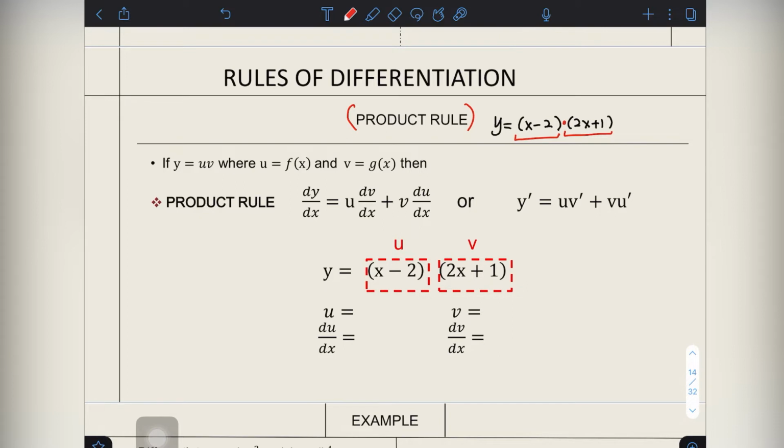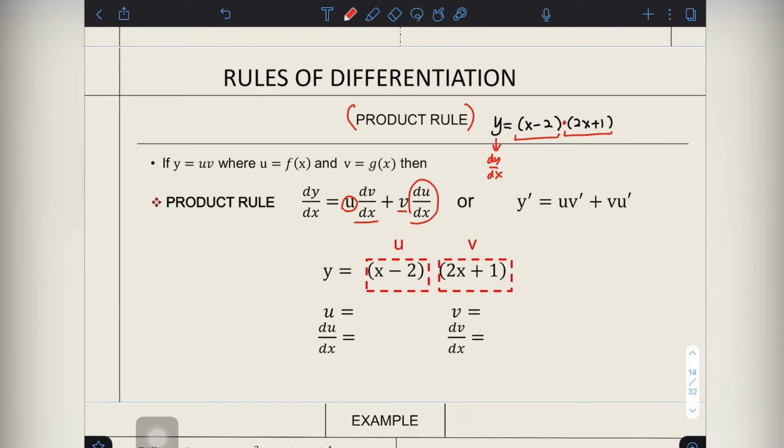The formula to use the product rule, in order to find the differentiation of y, which is dy/dx, is u multiplied by dv/dx plus v multiplied by du/dx.